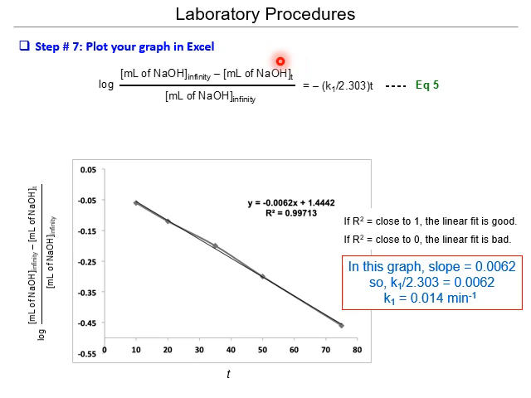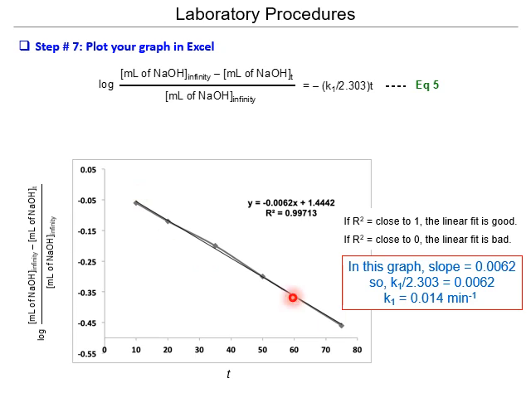After calculation, you will have 5 points. You will have the value of this expression for the 5 different times at which you did the titration: 10, 20, 35, 50, and 75. So you can draw a curve, which will be a linear graph, of this left side of the equation versus time.